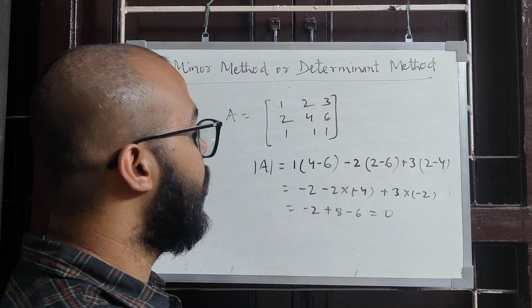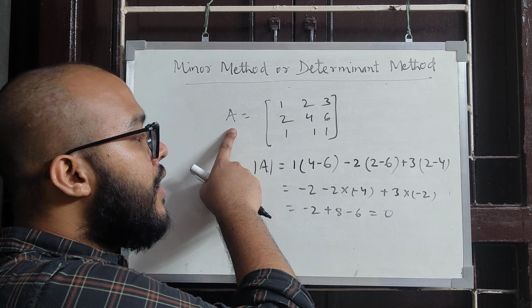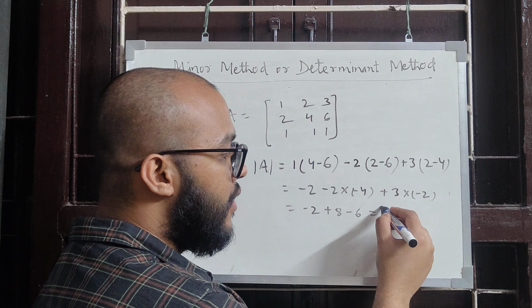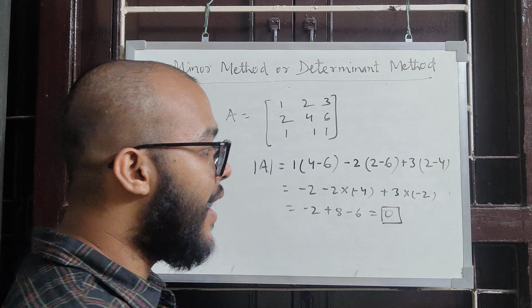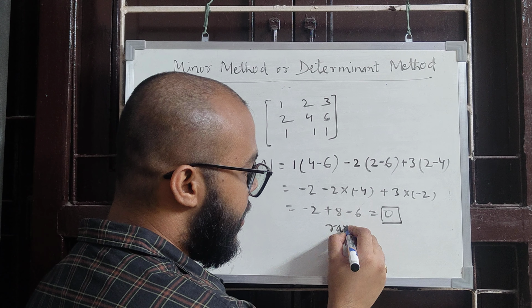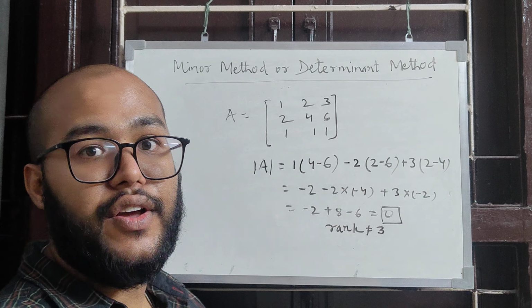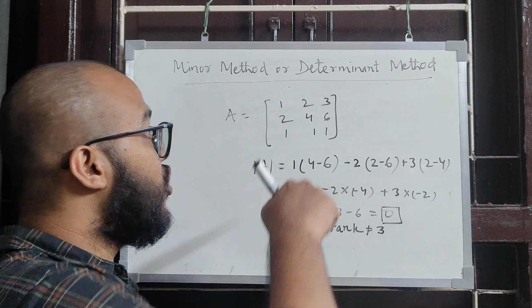This is 0. So the determinant of the 3 cross 3 matrix is coming out to be 0. So rank can't be 3. Okay, so we try to find a matrix out of this matrix.